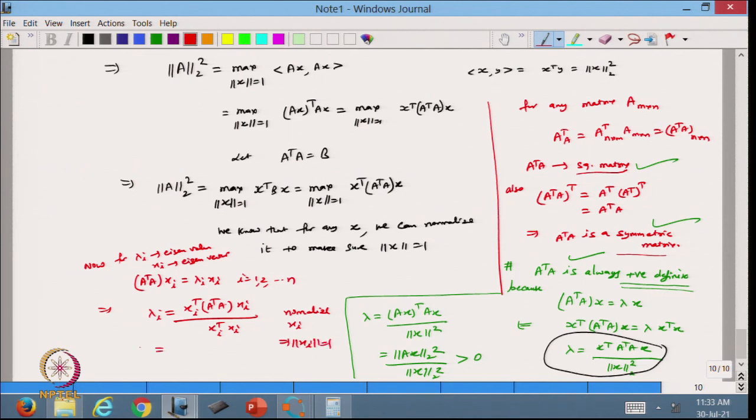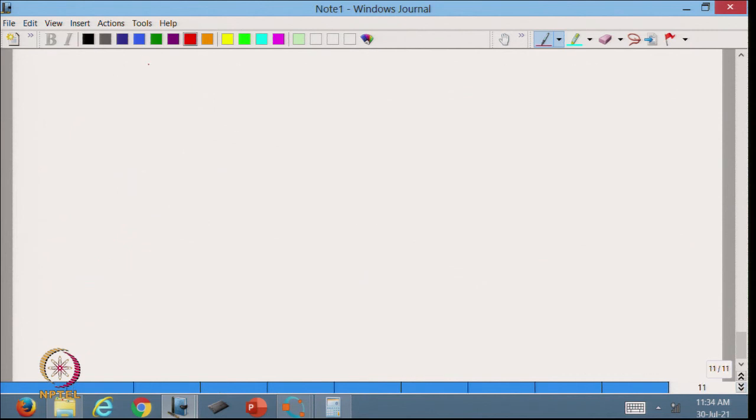So, lambda i is equal to xi transpose A transpose A xi. So, I can write this as equation 1, and this as equation 2.